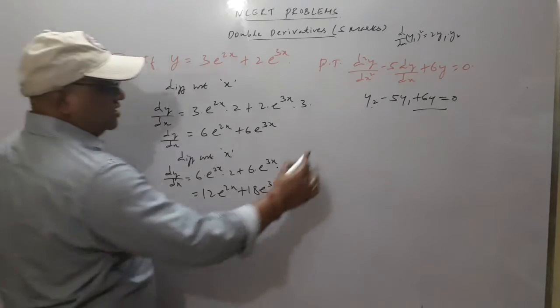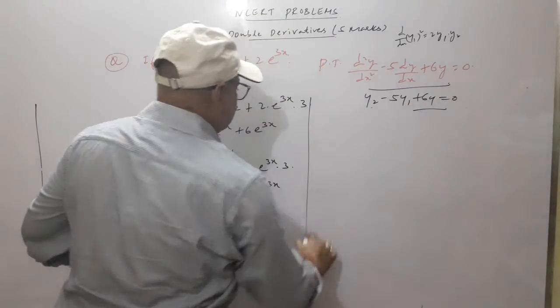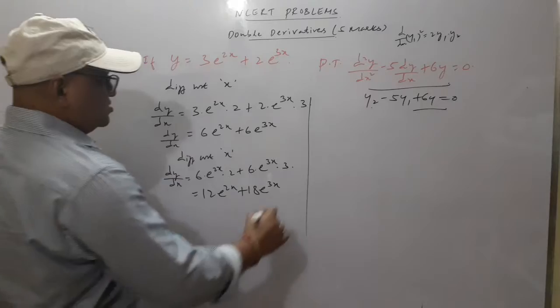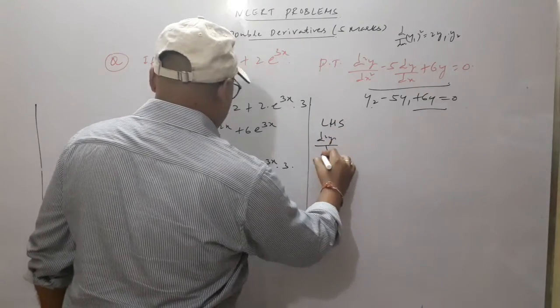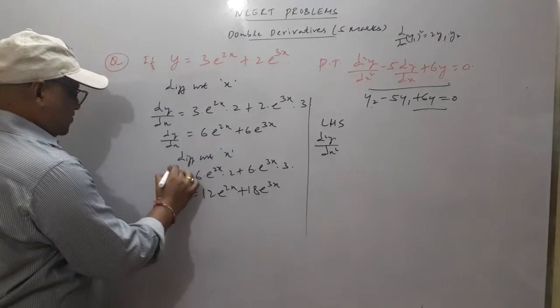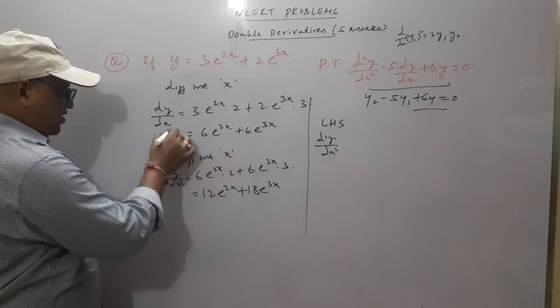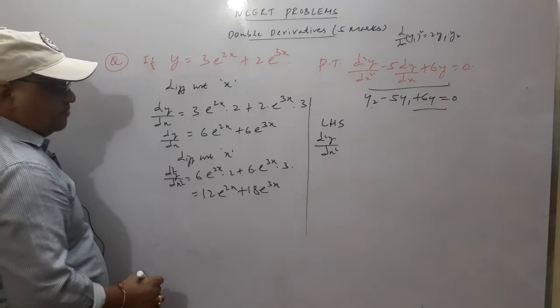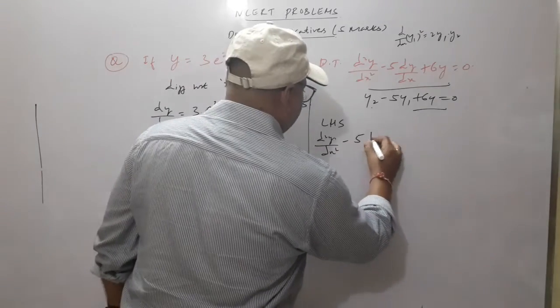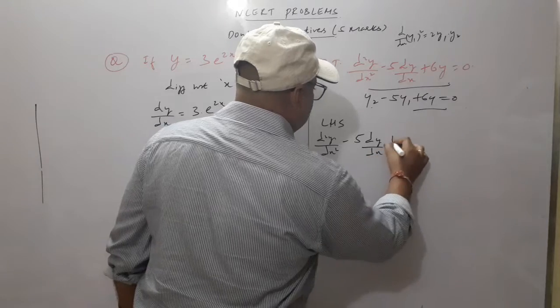Now I am going to take this LHS, substitute the values. So LHS d square y by dx square, students. Double derivative I am doing, I forgot, d2y by dx square minus 5 dy by dx plus 6y.